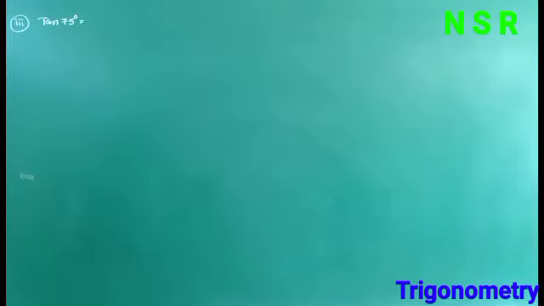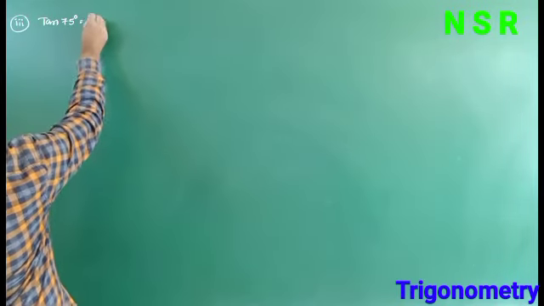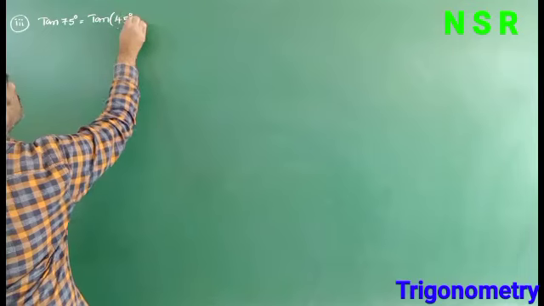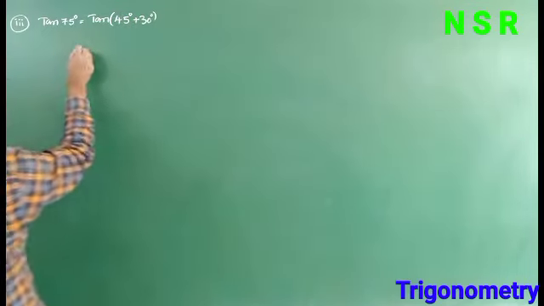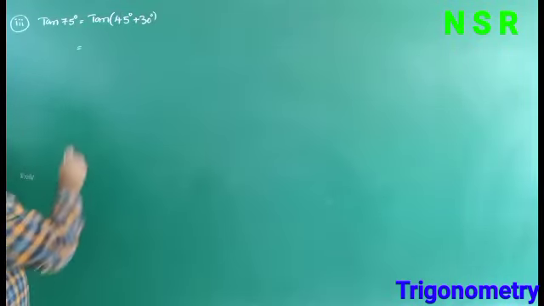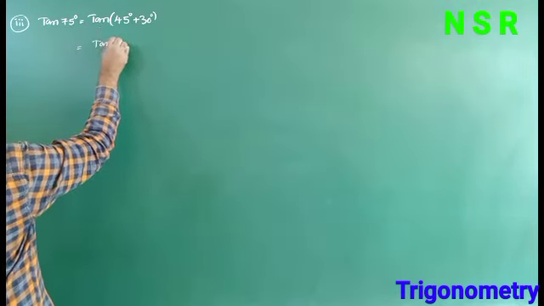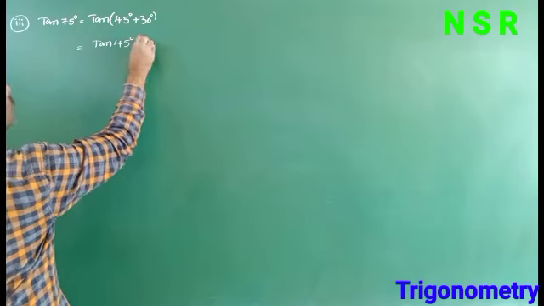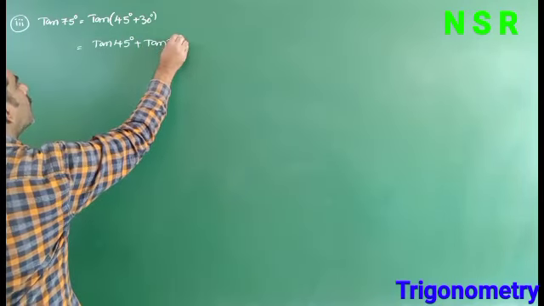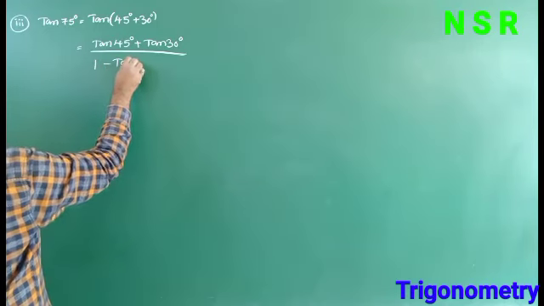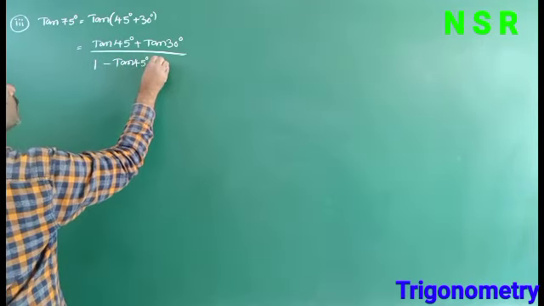So next tan 75. So tan 75 we can write as tan(45 plus 30). So apply here the tan(a plus b) formula: (tan a plus tan b) by (1 minus tan a into tan b).